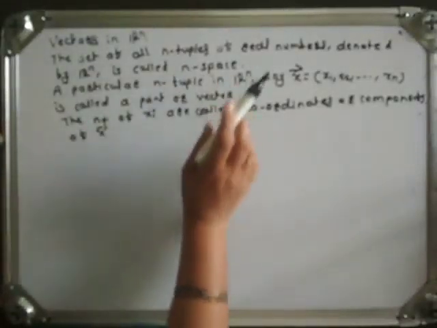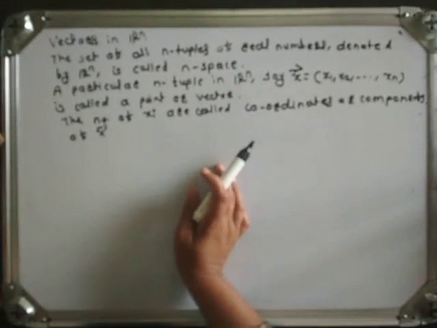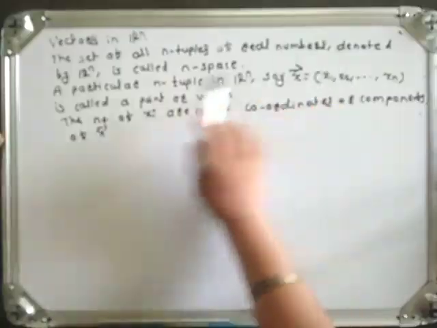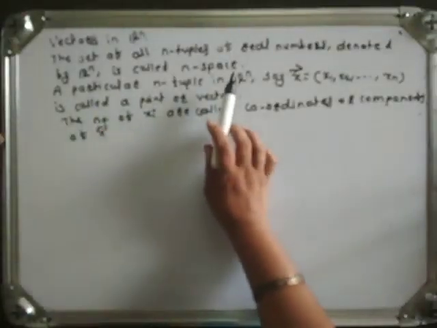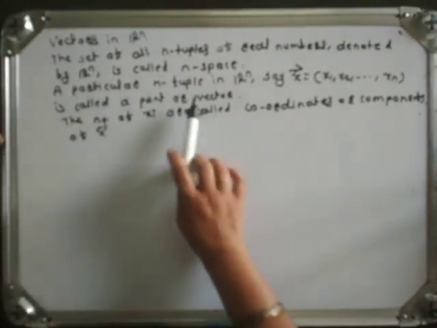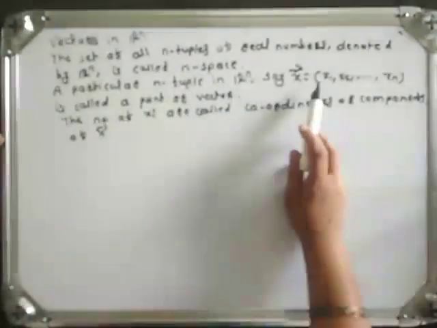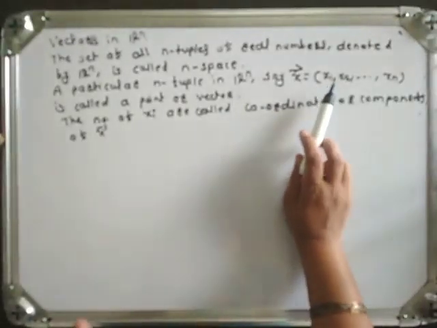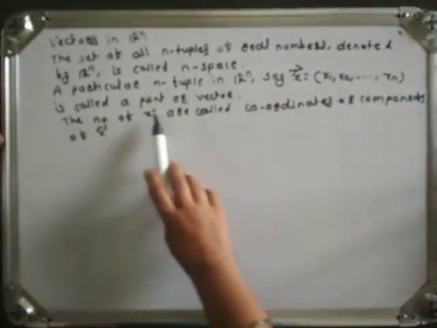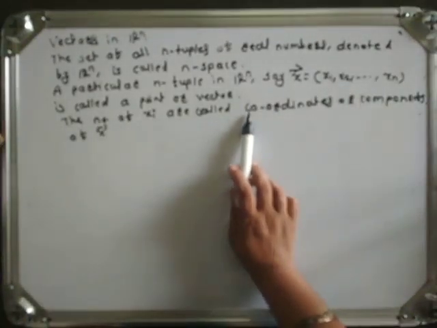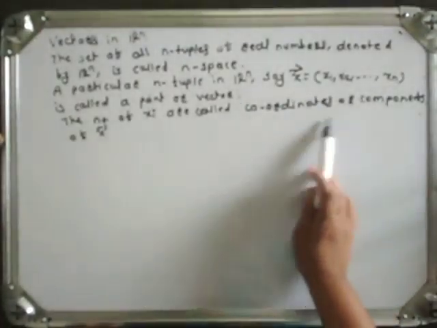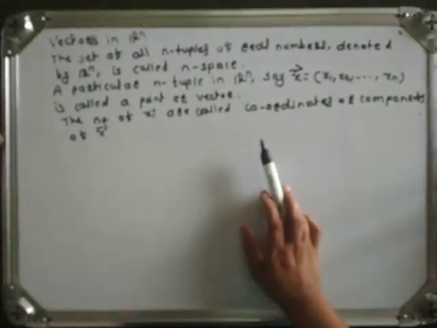The set of all n tuples of real numbers denoted by Rn is called n space. A particular n tuple in Rn, say x bar equals (x1, x2, and so on up to xn), is called a point or vector. The numbers xi are called coordinates or components of x bar.